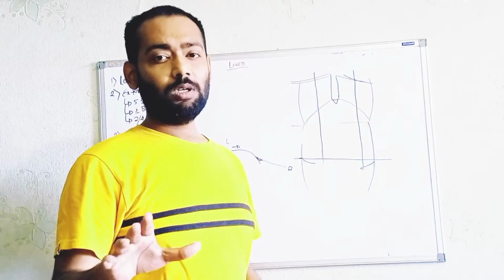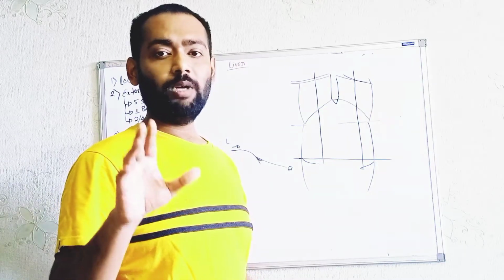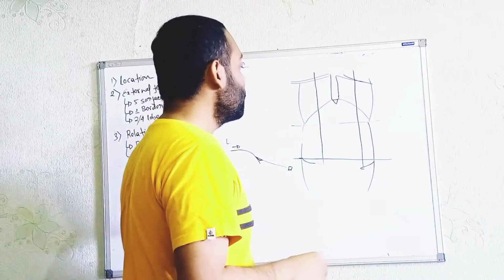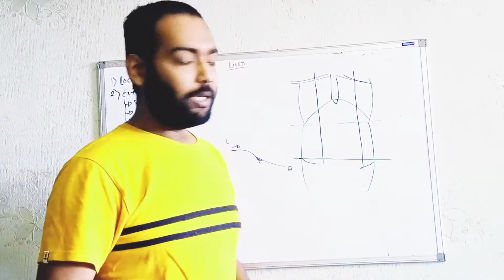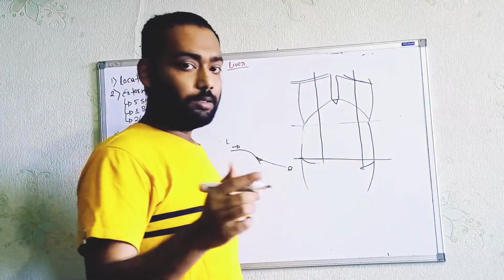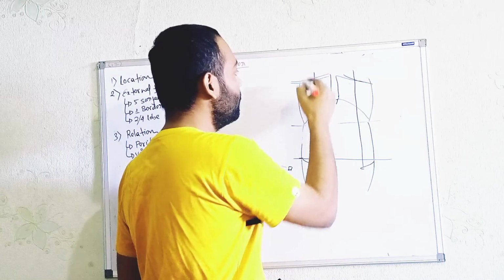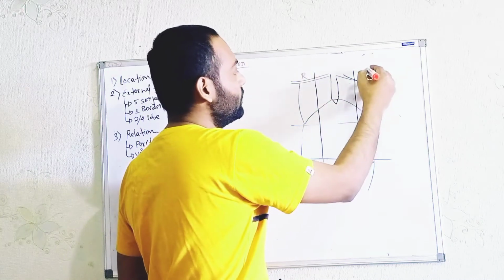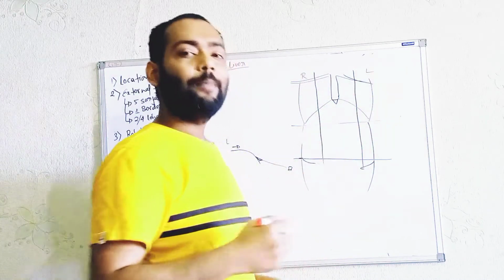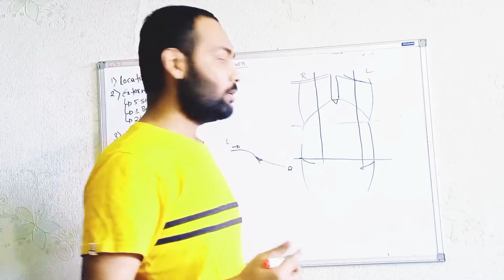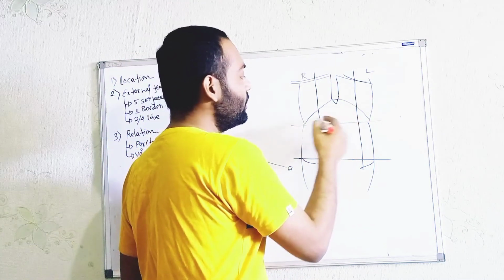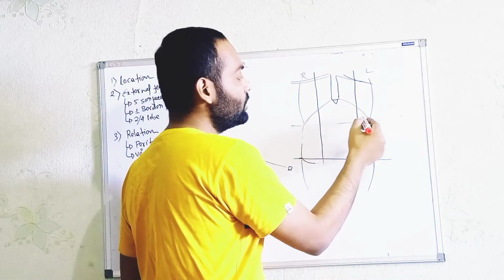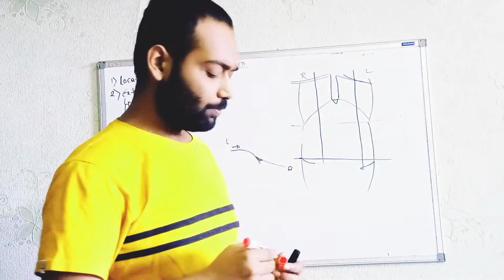Our main focus is how to evaluate the liver. In this quadrant, we know the liver occupies this right side, this is left. So right hypochondrial region, this is epigastric region, and left hypochondrial region.